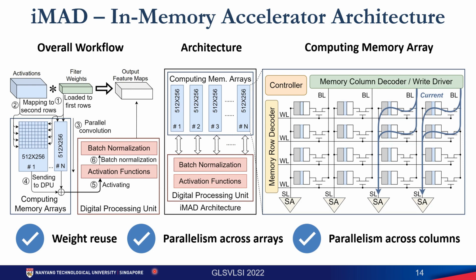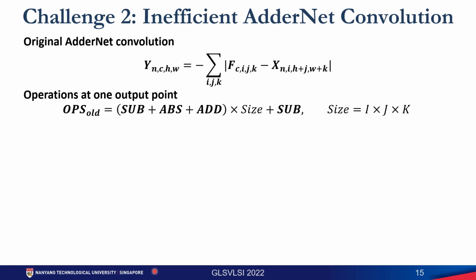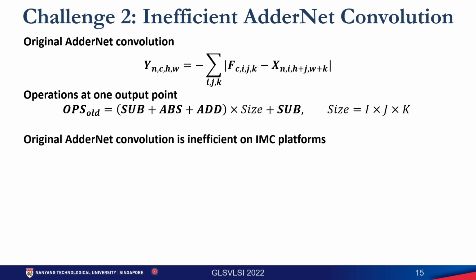However, we encounter another challenge when executing the AdderNet convolution. The original AdderNet has one subtraction, one absolute function, and one addition in the innermost loop. It is efficient on CPU and GPU, but it is not efficient on in-memory computing platforms because subtraction has longer latency than addition.